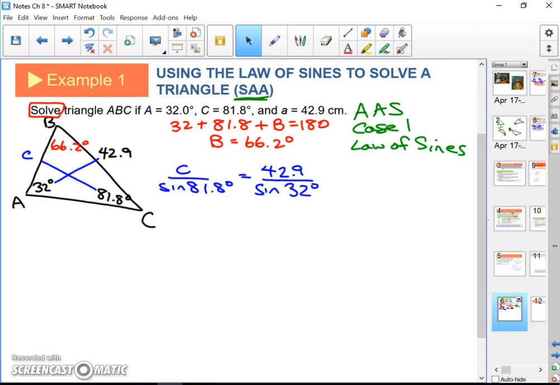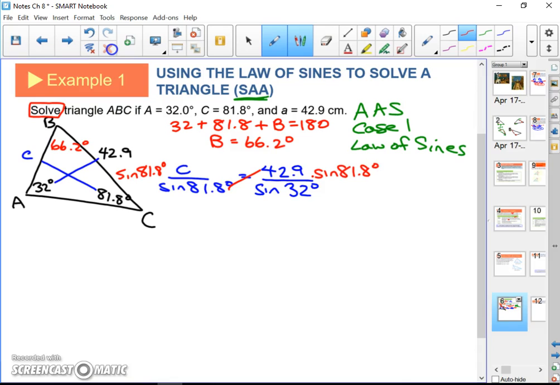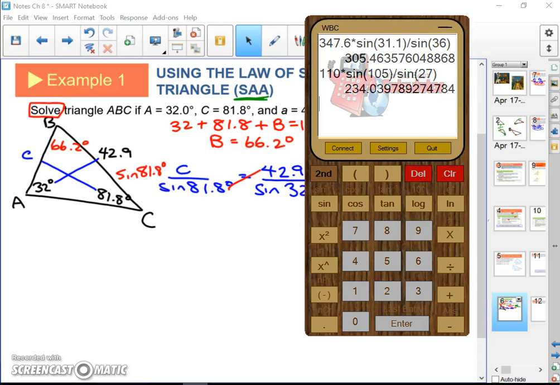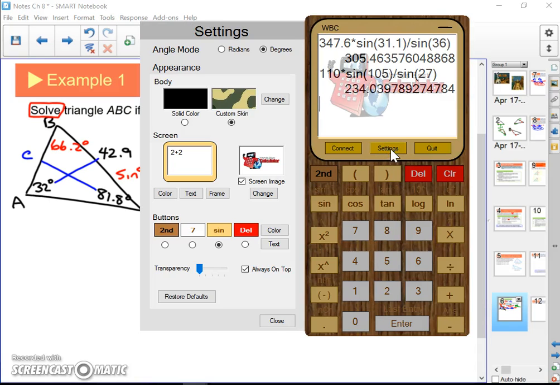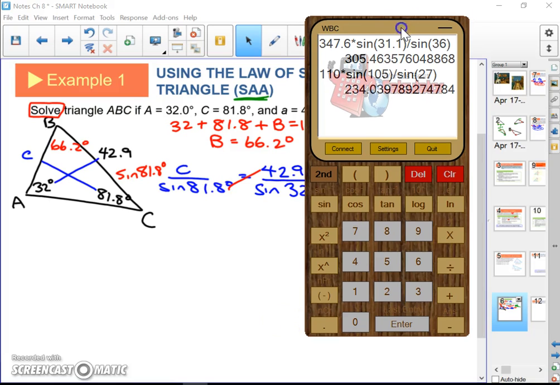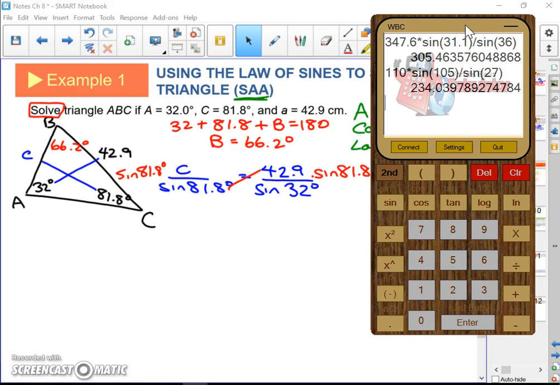I like to just think about multiplying here, but mathematically what we're doing is multiplying both sides by sine 81.8. On your calculator, make sure you're in degrees. You're going to have c equals 42.9 sine 81.8 degrees over sine 32.